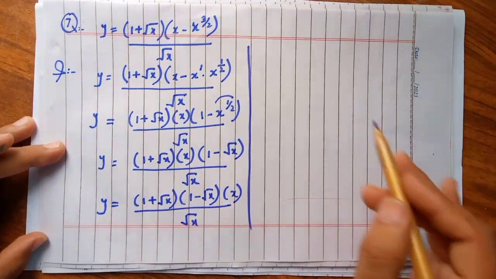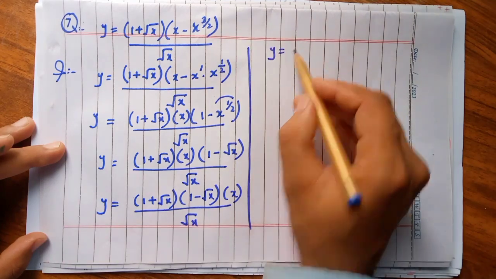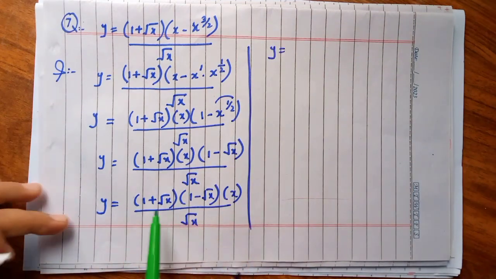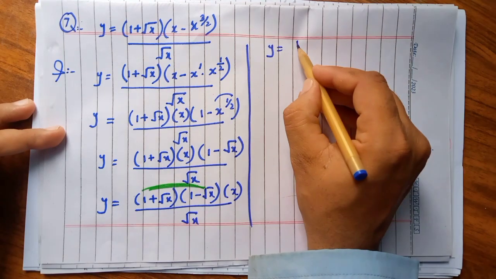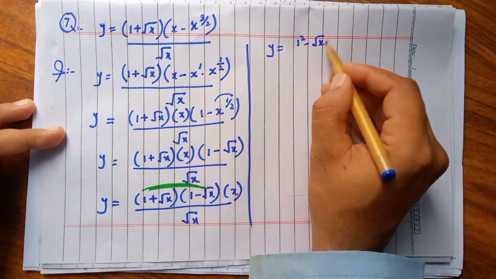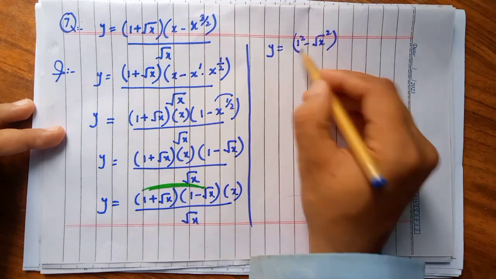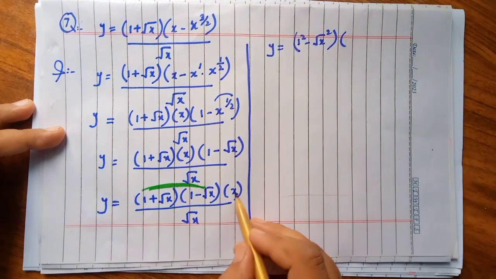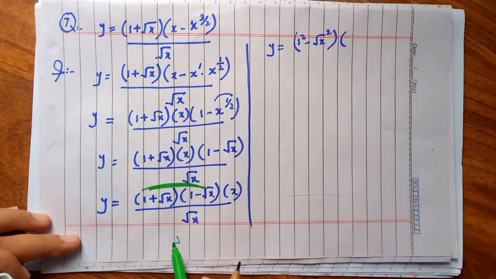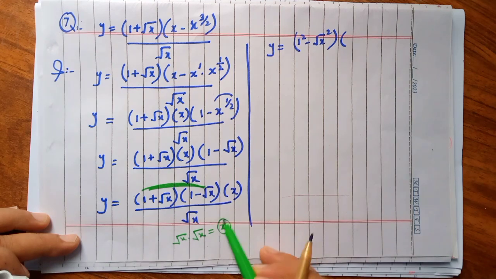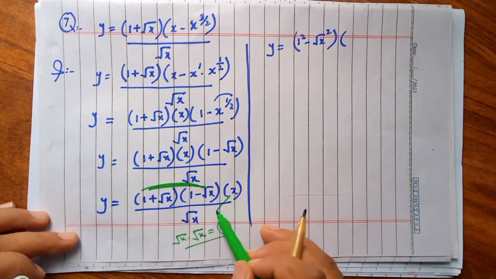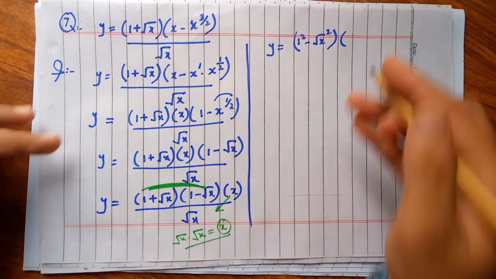So further, y is equal to, we can combine this in the form of a formula. So this will become a square minus b square, and this is equal to, we can write simple x as square root x multiplied by square root x, because square root x multiplied by square root x will be equal to the value of x. So we can replace x with square root x multiplied by square root x.